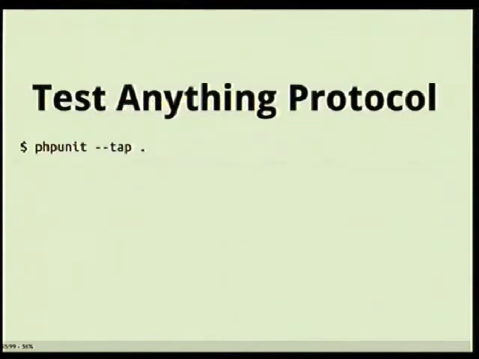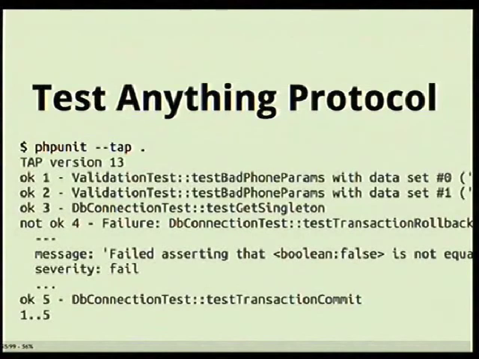So this is based on the test anything protocol, which is something that PHP unit provides. It's actually originally a Perl protocol, I believe, but a couple other tools have picked it up, including PHP unit. So when you run PHP unit and ask for tap output, you get something like this. You can see it's basically one line per test. It says OK if the test passed.